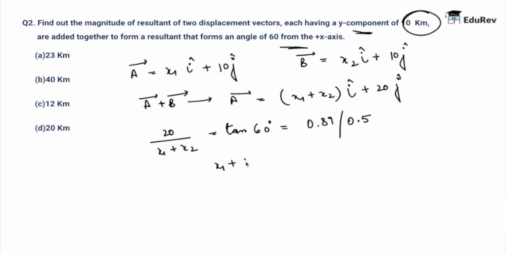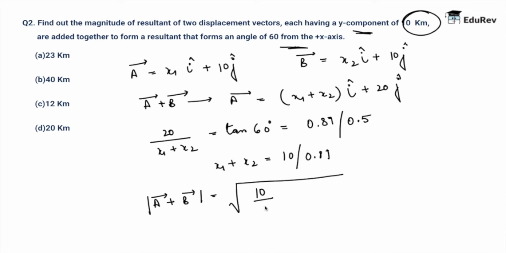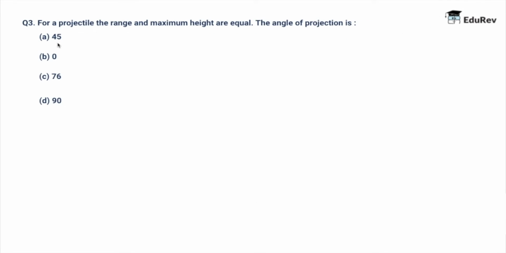So x1 plus x2 equals to 10 upon 0.87 and mod of A plus B equals to under root of (10 upon 0.87) whole square plus 20 square, correct? And this is going to be what? This is going to be 23 kilometers. So it's going to be nothing but 23 kilometers. I hope you understood this. So let's move on to question number 3.